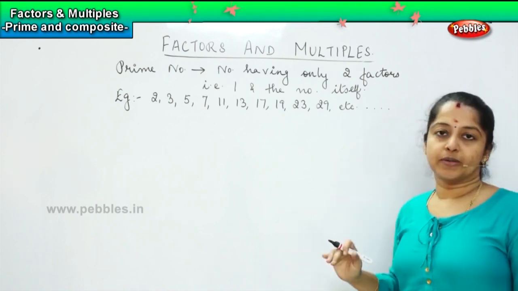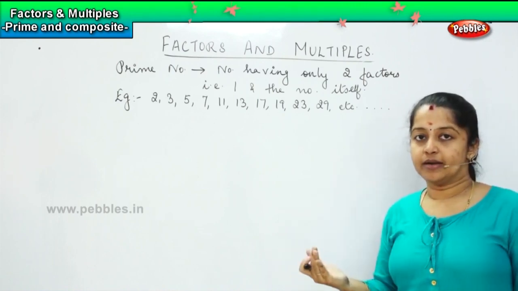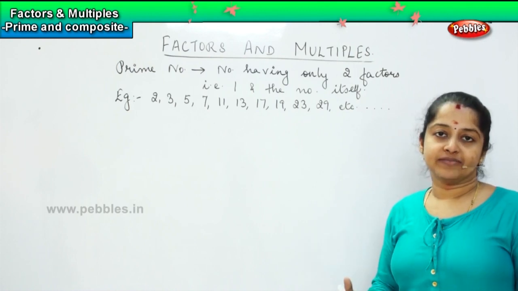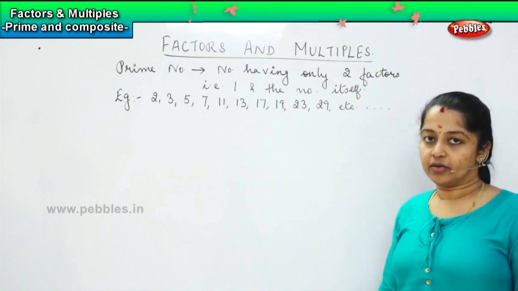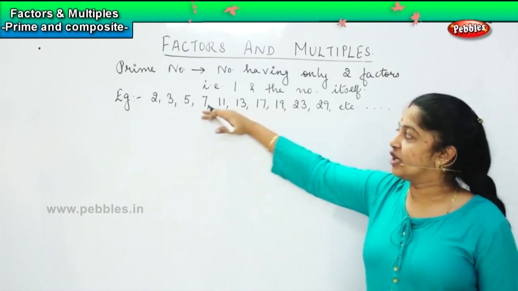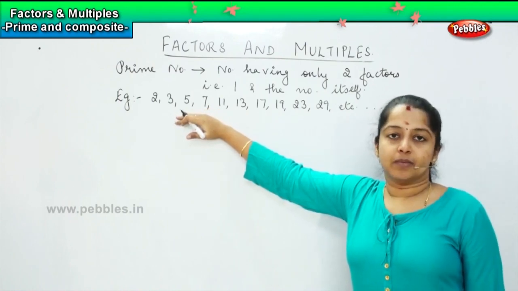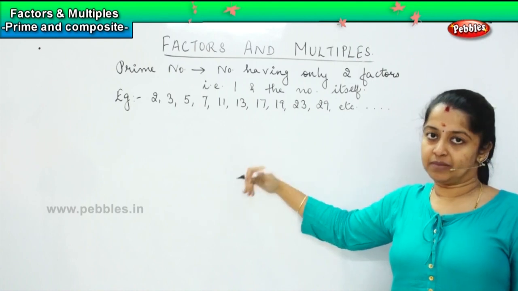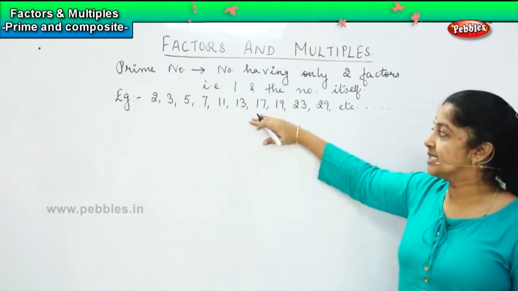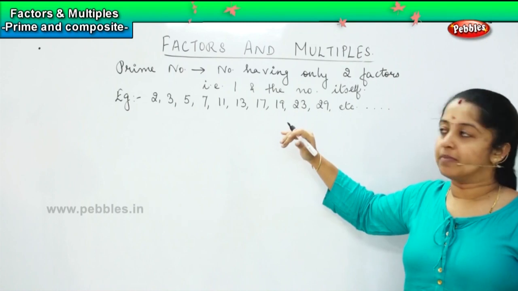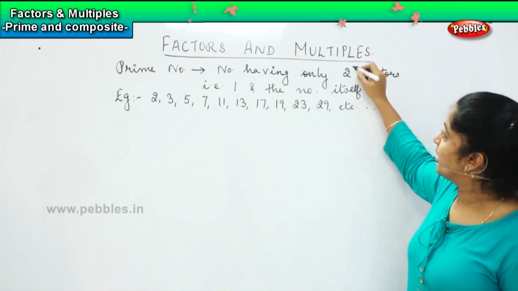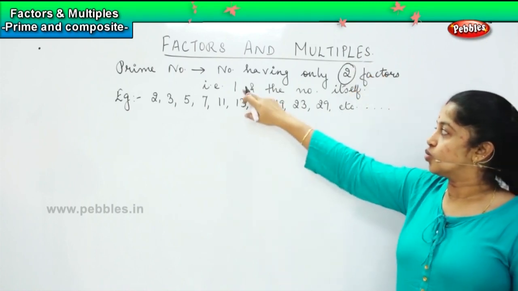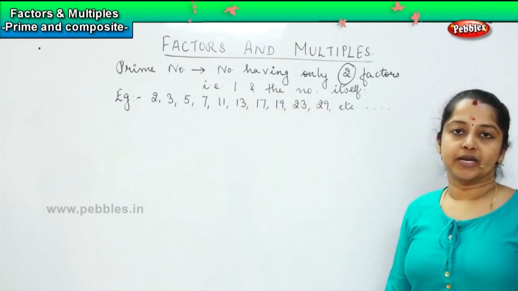We have seen in the properties that when you try to divide a number, it should be exactly divisible. There should be no remainder left, right? Whereas if you try to divide any of these numbers with the other number, there will certainly be a remainder left. Okay, so these are called as my prime numbers, where you have only two factors, that is 1 and the number itself.